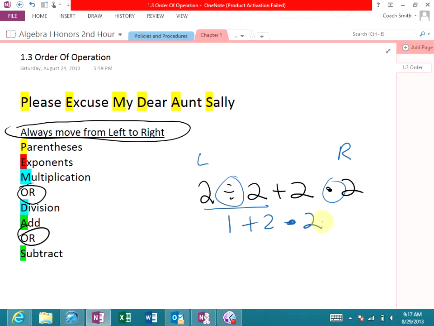You need to rewrite the problem every time you do a step. Let me repeat that. You need to rewrite the problem every time you complete a step. And then you always need to go back to the left of the problem. Don't try to pick stuff out in the middle. Don't try to pick stuff at the end, but you always go left to right.